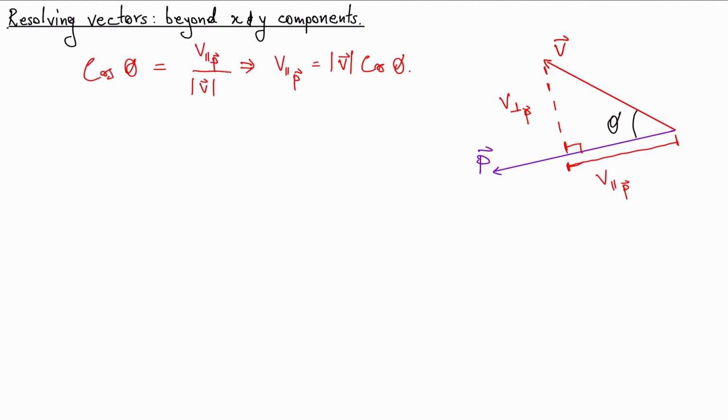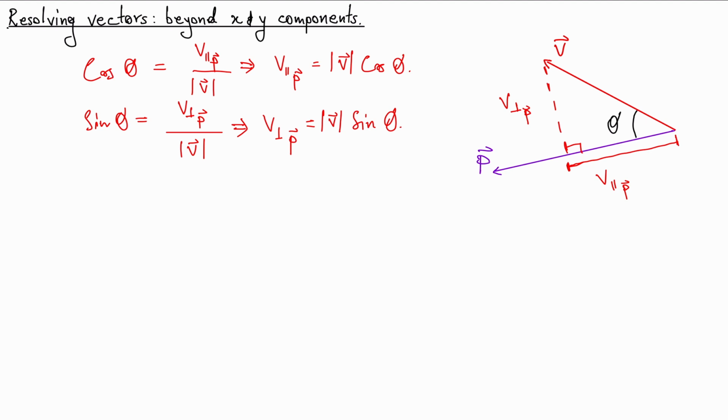So therefore the appropriate trig ratio to determine that side is going to be sine of theta, where the opposite side is V perpendicular to P bar, divided by the hypotenuse, and our hypotenuse here is V bar. So we find that V perpendicular to P bar is going to be the magnitude of V times sine of theta.